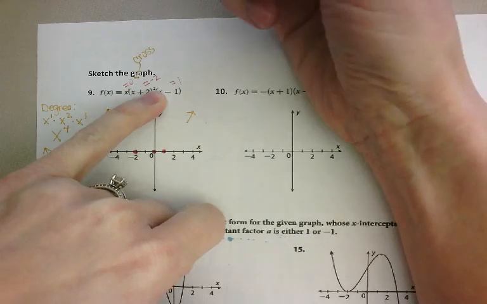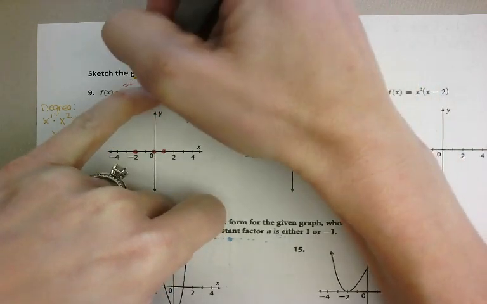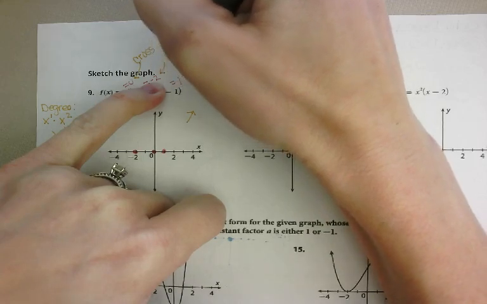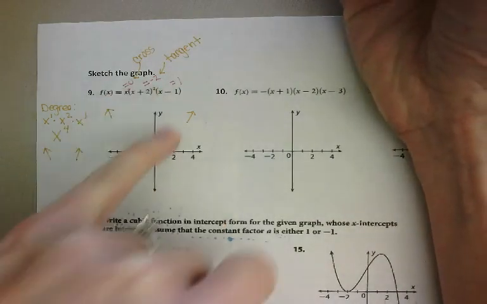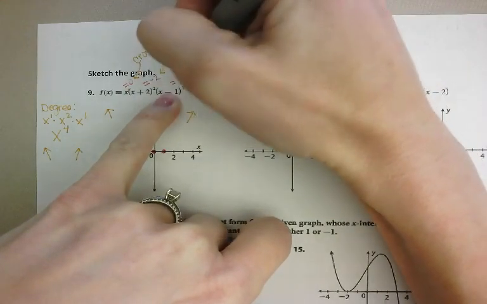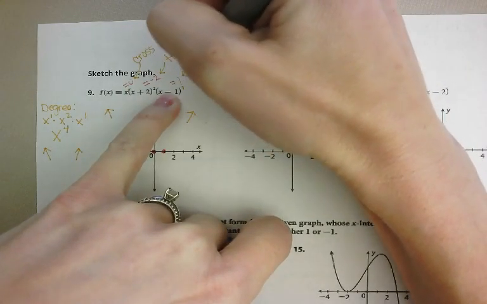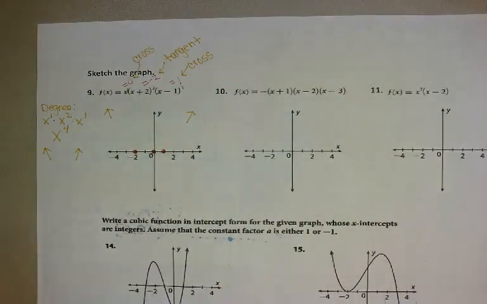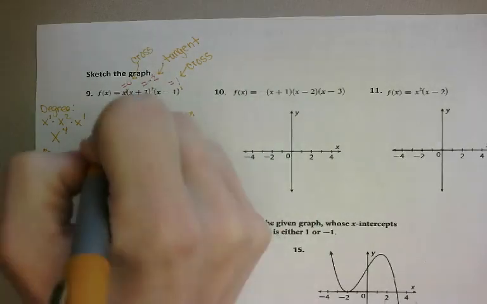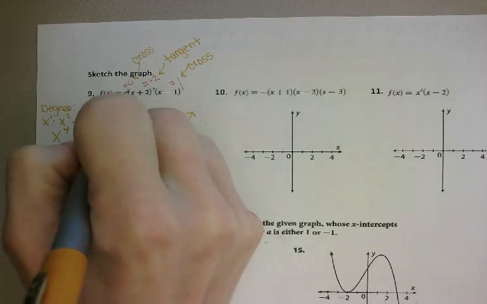So if it's to an even power, we're going to be tangent to that intercept. And then this is raised to the first. So that's an odd number, so that lets me know I'm going to cross through that intercept. So at the -2, I'm going to be tangent. So -2 is my first one.